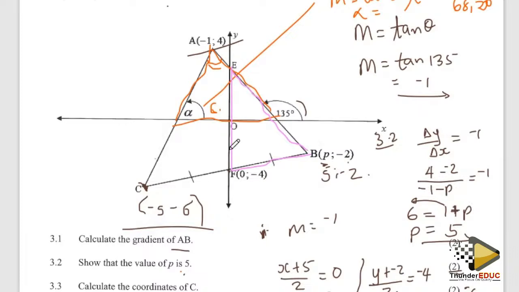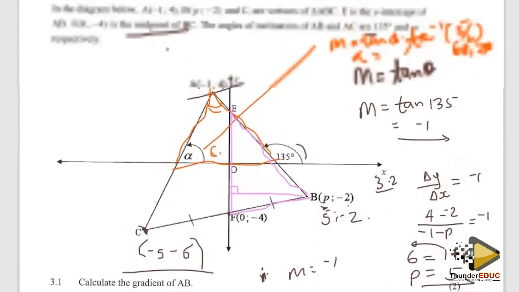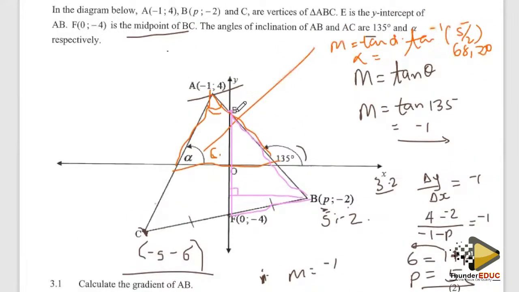If I flip this triangle around and have a line that is parallel to the x-axis to be my perpendicular, I'm going to take EF to be my base. So EF is my base, which means I need to get the coordinates of E. If I can get that, then I'll be guaranteed this distance.